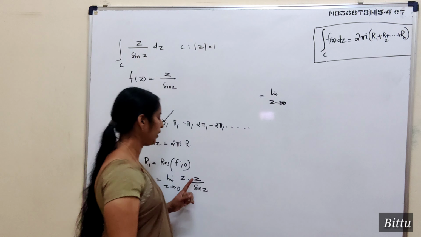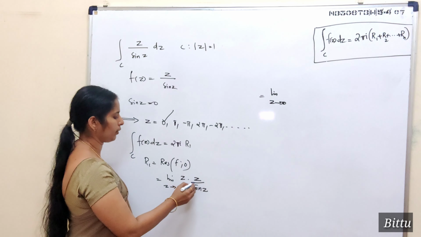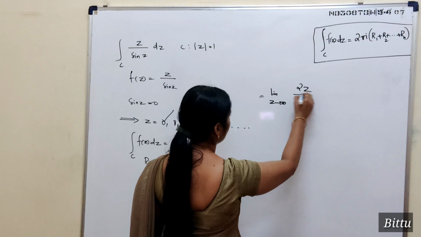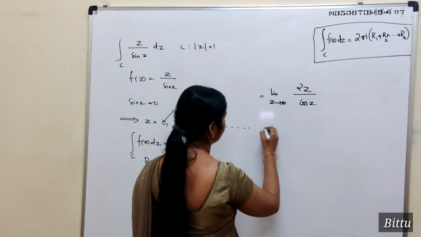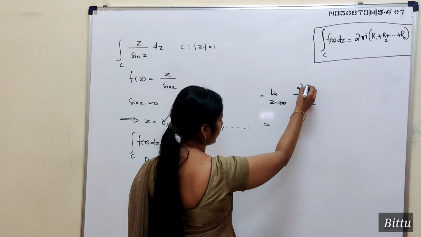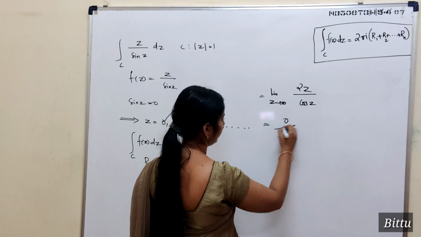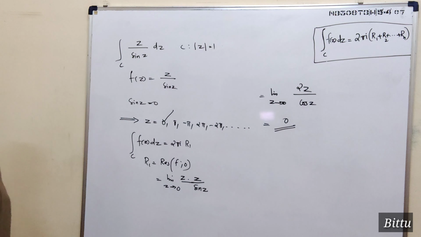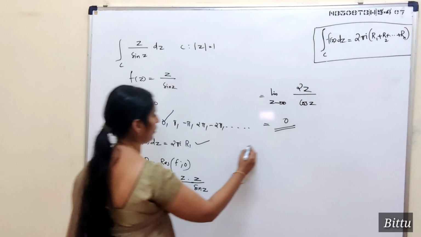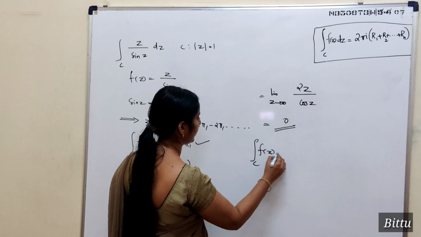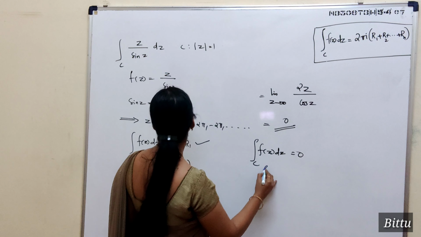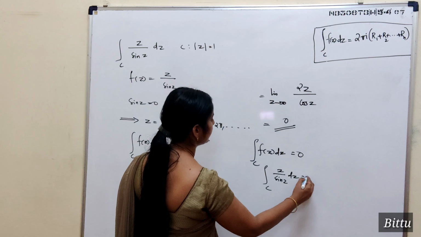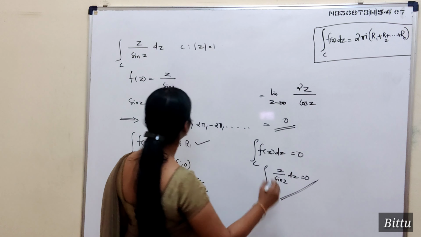You have to write the derivative of the numerator. Numerator is z square, its derivative is 2z. Derivative of the denominator is cos z. You put z equal to 0. When z is 0, it is 0. So R1 is 0. You put in this equation, you can see integral over C f z dz equal to 0. That is integral over C z by sin z dz is 0 along the curve C, mod z equal to 1.